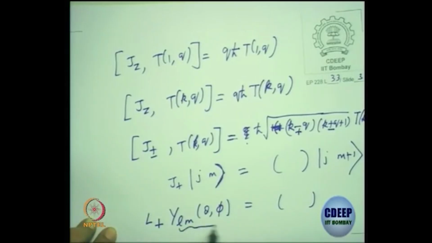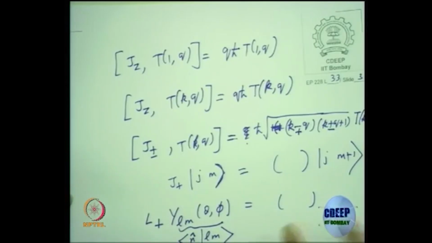You can write the Y_LM of theta phi as some unit vector whose direction is given by LM, and you can operate L plus. This unit vector gives you the direction, which will give you the theta and phi. In the angular momentum algebra, L plus on LM you all know, but I am asking you to write the differential operator in the position basis and operate it on Y_LM of theta phi, which you have done in your first year course or in the wave function formalism.